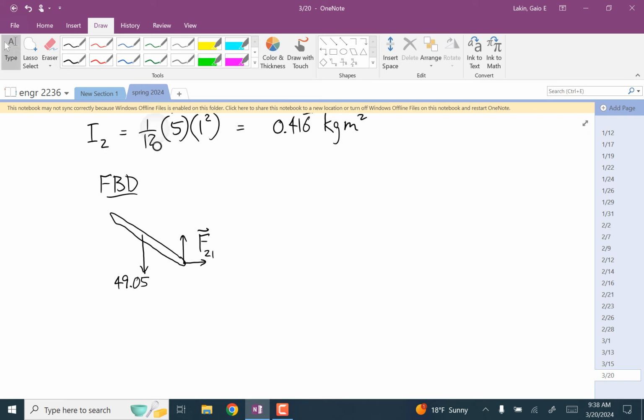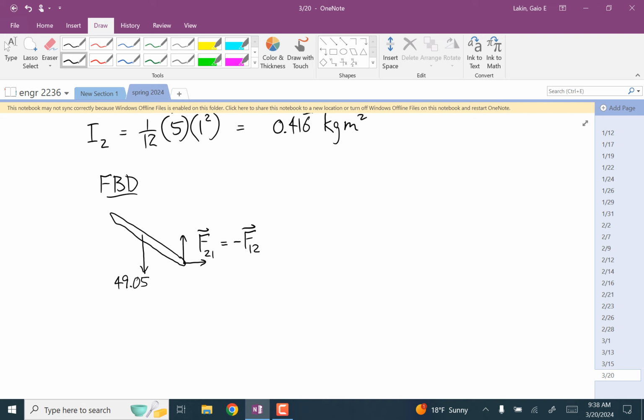Okay, so since we already have a variable F12, I'm going to rewrite this as negative F12. We're trying to keep the smallest number of variables possible for our equations. And then what about that 100 Newton force?